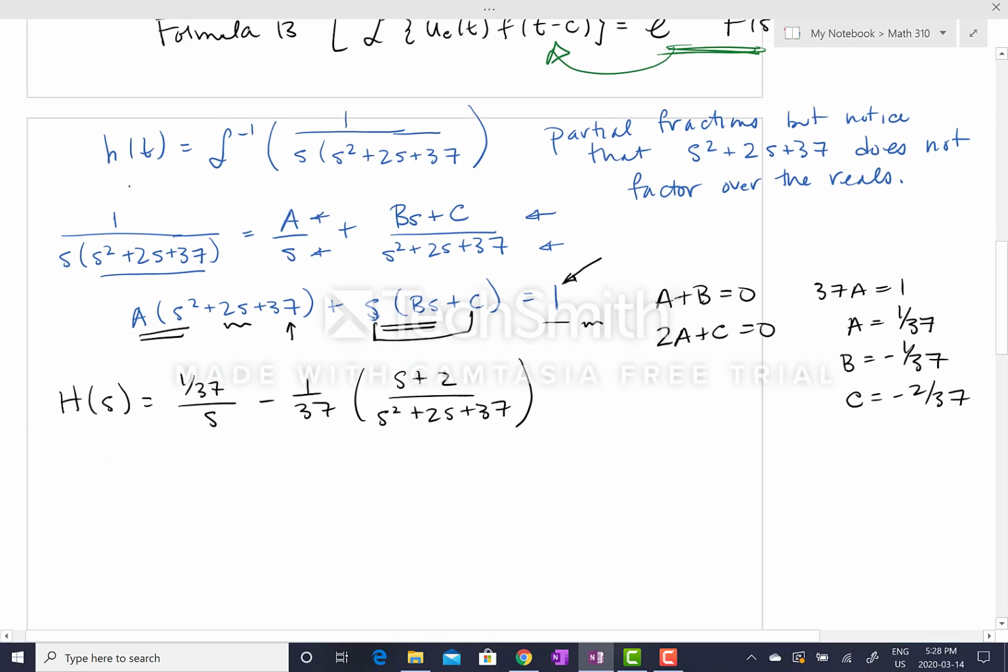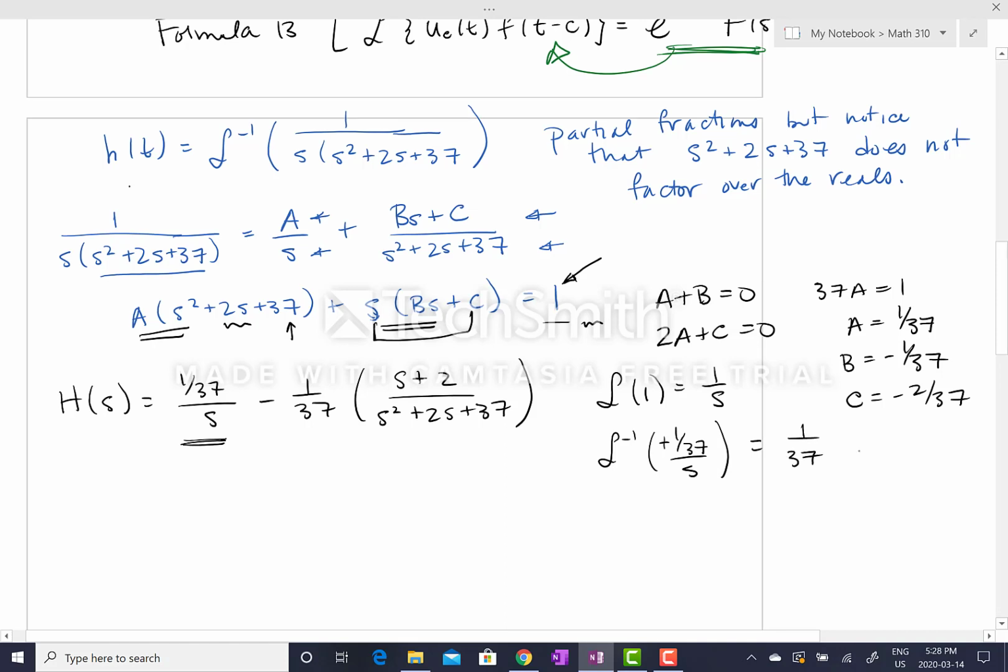So this one, let's take a look first at how we're thinking of this term here. That's going to be thinking that the Laplace transform of 1 is 1 over s. So therefore the inverse Laplace transform of 1 over 37 over s, that's going to have to be 1 over 37.